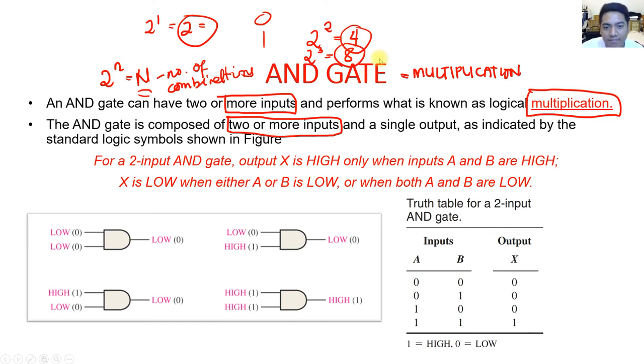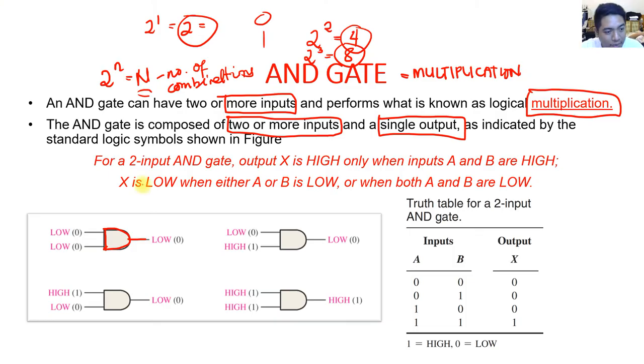So for the AND gate, the minimal requirement is that you should have 2 inputs, and it produces a single output, as indicated by the standard logic symbol shown here below. This is the standard logic symbol for the AND gate. What an AND gate does is that it logically multiplies the inputs.